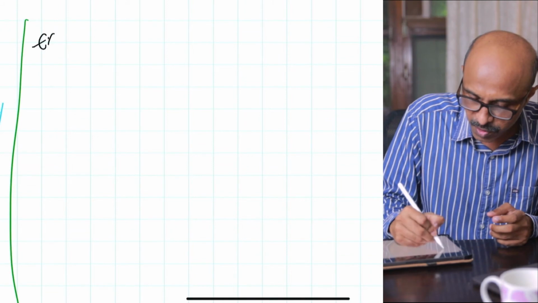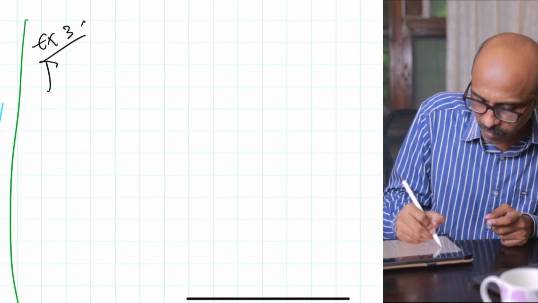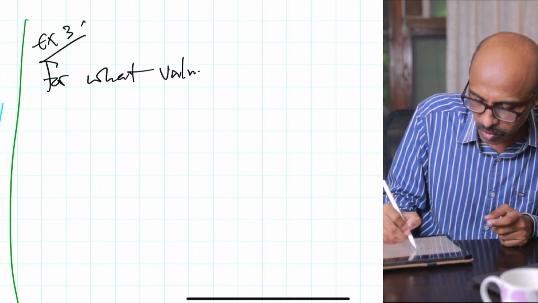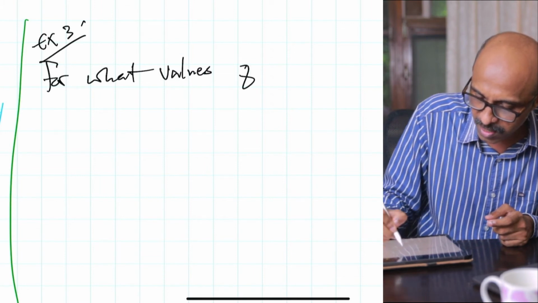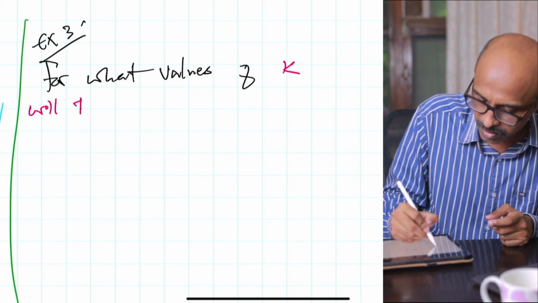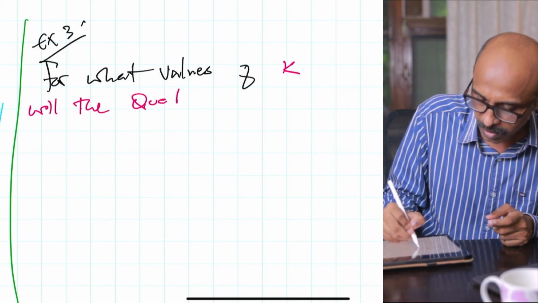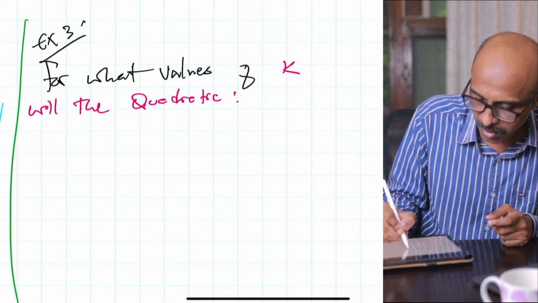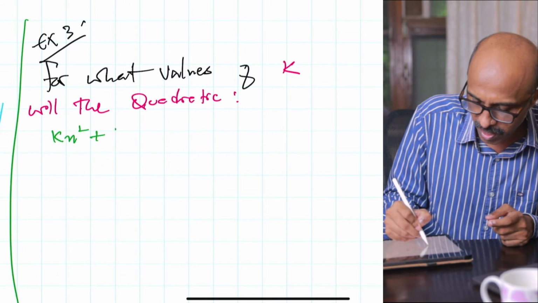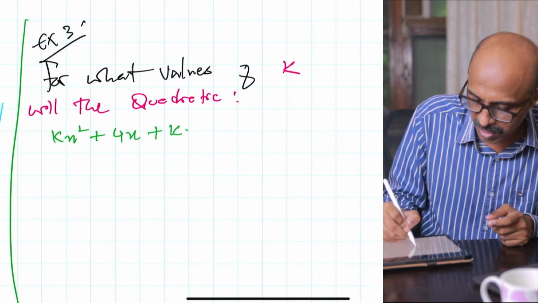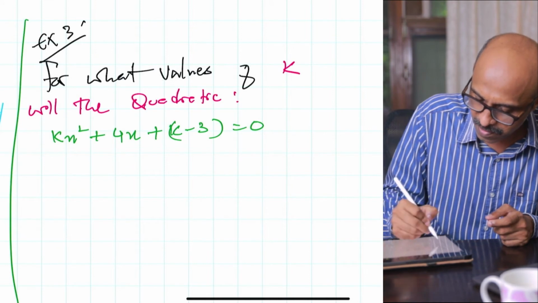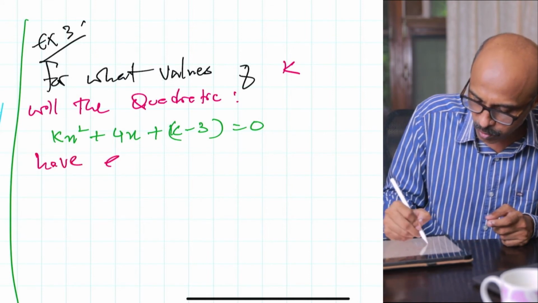This will be our example 3. For what values of k will the quadratic kx square plus 4x plus a k minus 3 equal to 0 have equal roots?